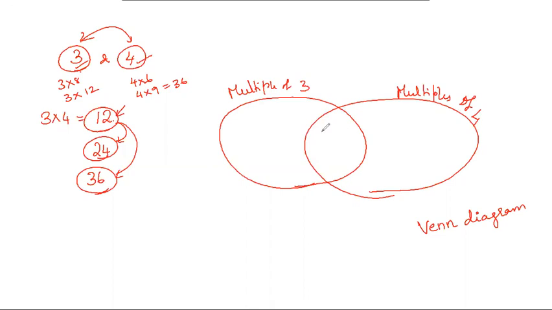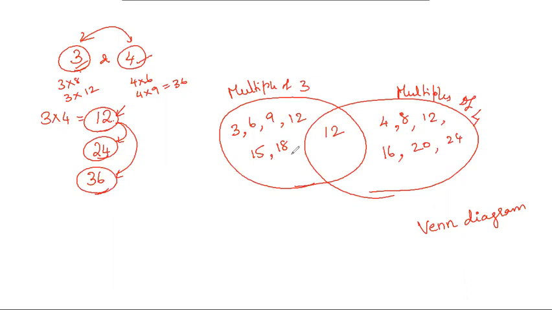In the common space, you know that the first multiple which is common to both is 12. Correct? 3, 6, 9, 12, 15, 18, like that you will go on writing. Same way, multiples of 4, it is 4, then 8, 12, 16, yes, 20, 24, it goes on.